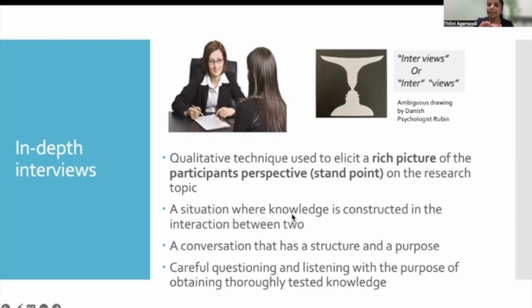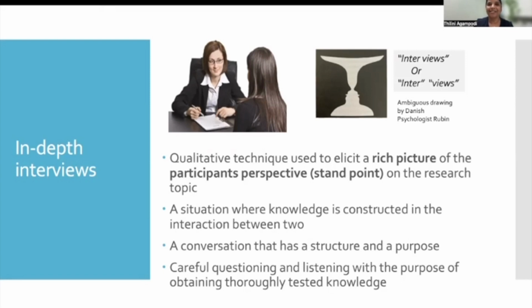In-depth interviews always have a structure, a conversation that has a structure and a purpose. The interviewer does careful questioning and listening to obtain an in-depth understanding. Interviews can take around 30 or 45 minutes to 2 hours.